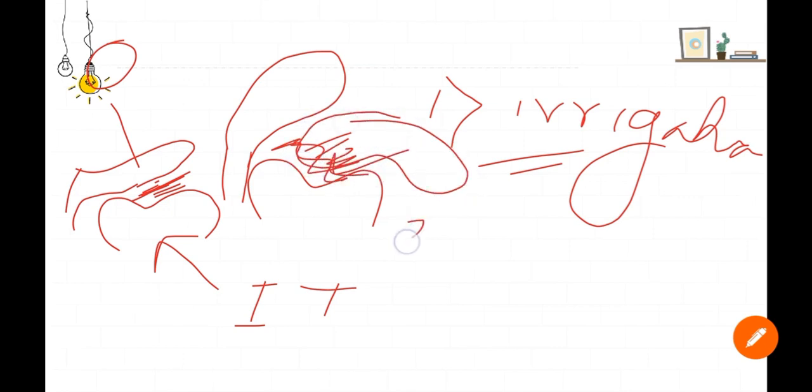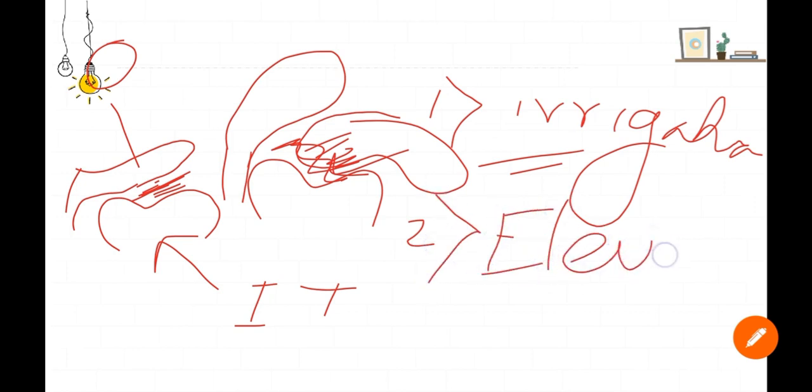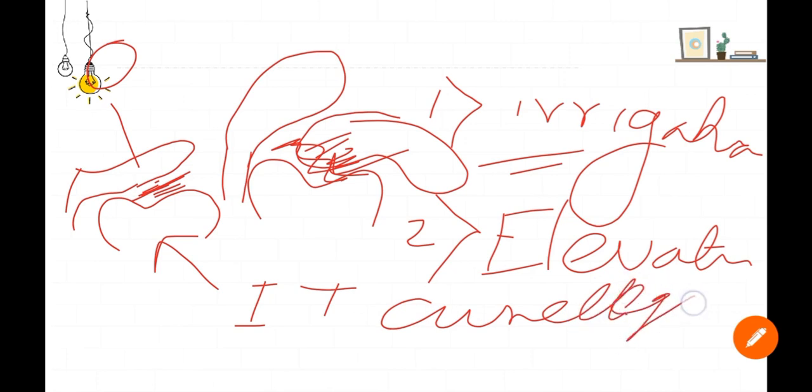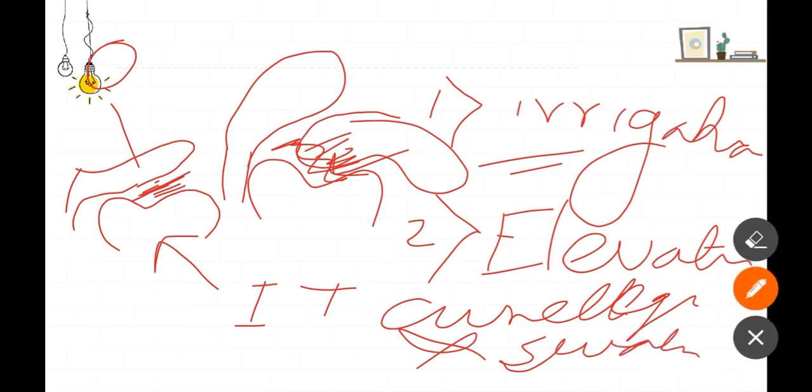So second, elevation of flap and curettage and swabbing.